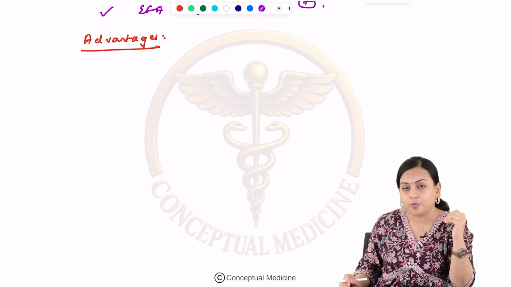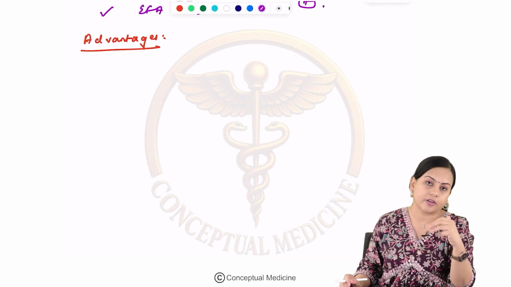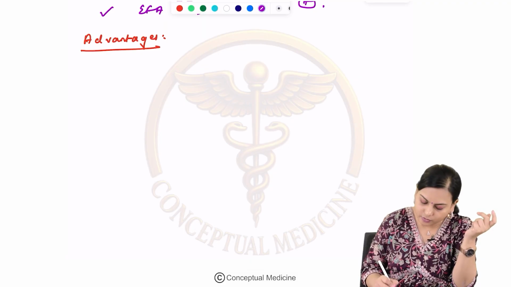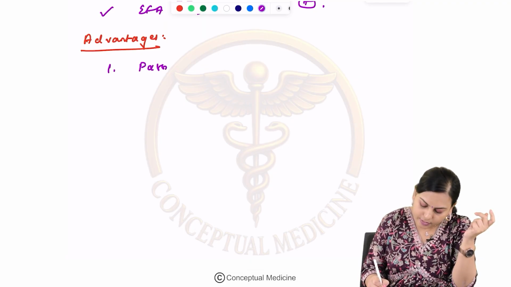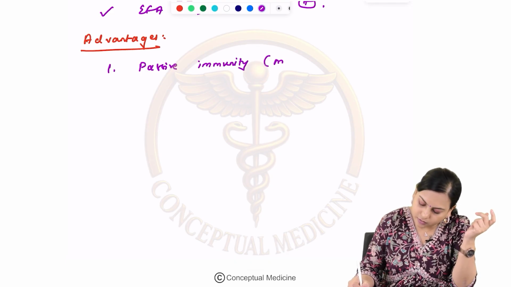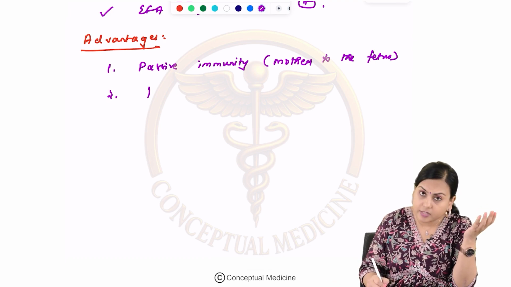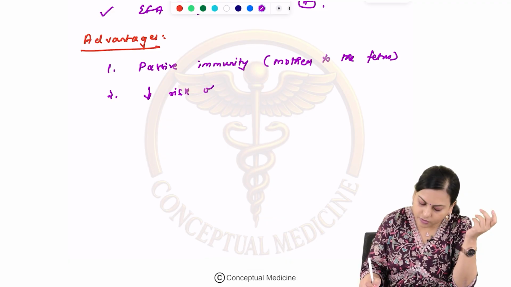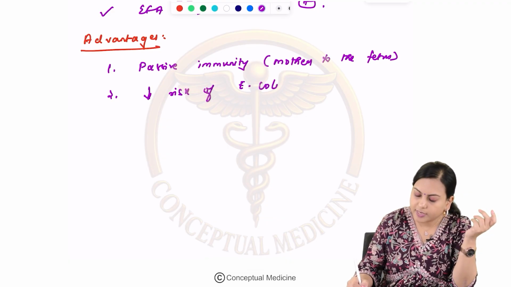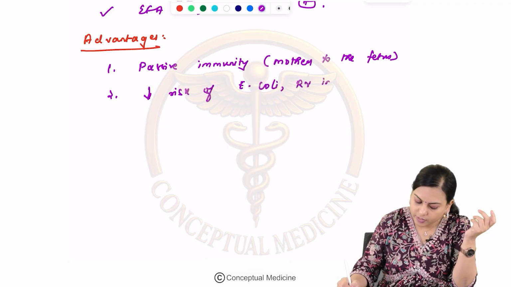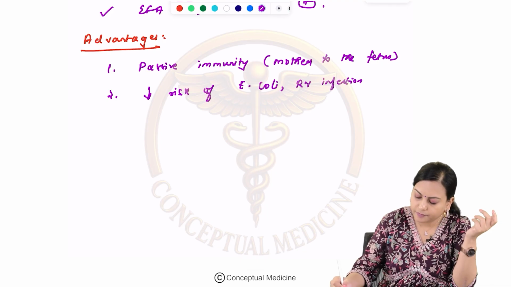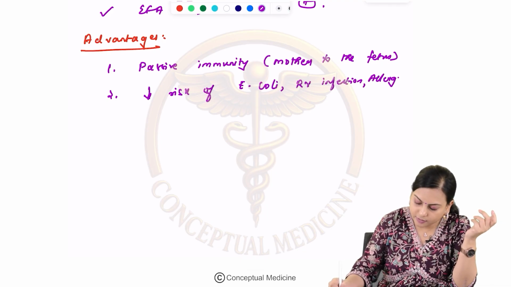Now, what are the advantages of giving breast milk? Breast milk is an important way in which passive immunity is passed from the mother to the infant. There is reduced risk of gastrointestinal infections like E. coli infection and rotavirus infection, or allergies.